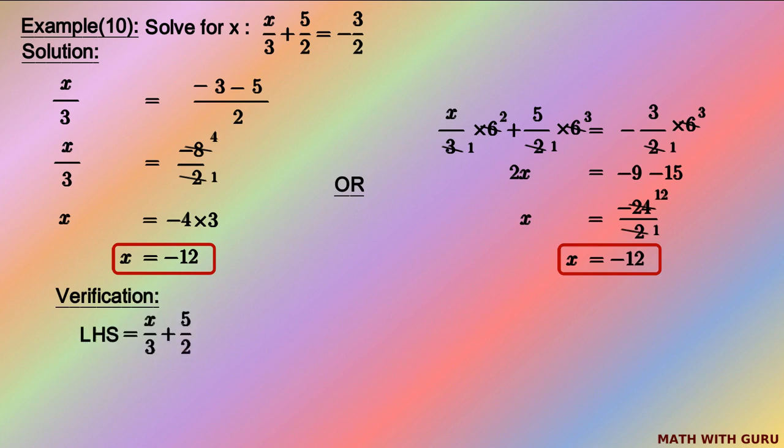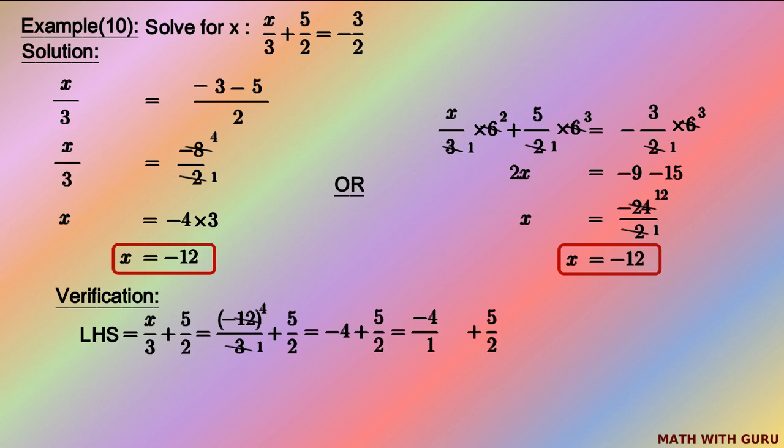X over 3 plus 5 over 2. In place of x, substitute minus 12. 3 ones are 3, 3 fours are 12. Minus 4 plus 5 over 2. Minus 4 divided by 1 plus 5 divided by 2. The common denominator here is 2. Then we get minus 8 over 2 plus 5 over 2. 2 is the common denominator.